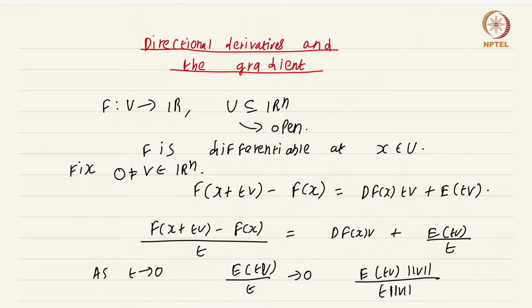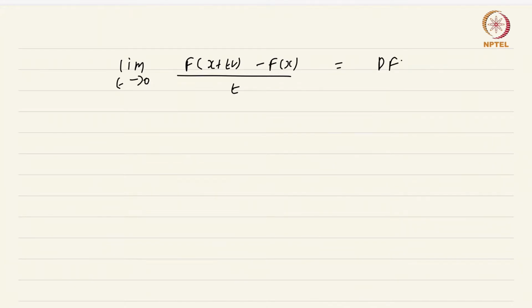What is the net upshot? The net upshot is that the limit as t goes to 0 of (f(x + tv) - f(x))/t is equal to df_x(v).